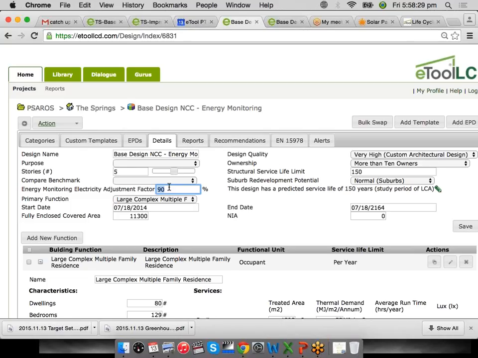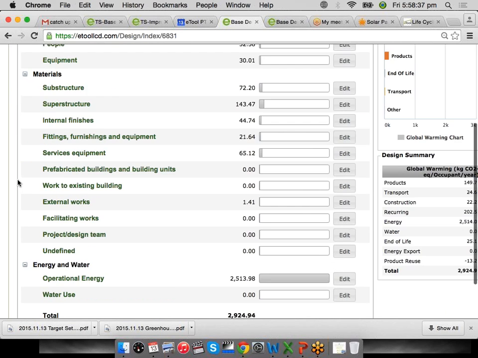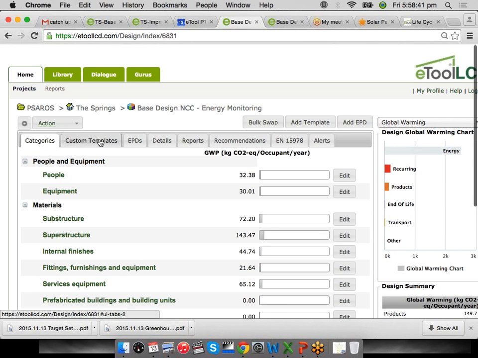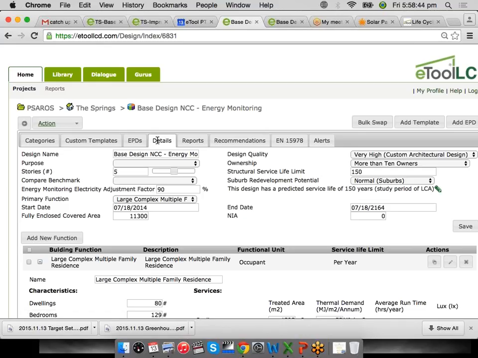So we're saying that by implementing energy monitoring, you get 10% savings on your electricity use. You just drive the right behavior. So this is already with the energy monitoring savings, 2,900. If we go back here and put it back to 100%, that means you don't have any energy monitoring.